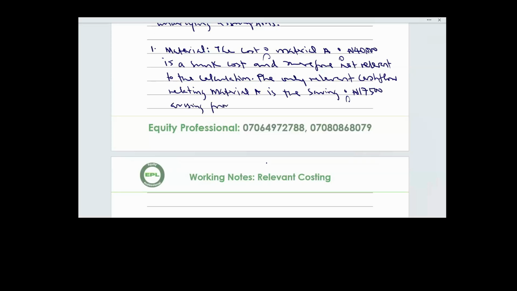So that's that. Then we continue. The only relevant cash flow relating to material A is the saving of 17,500 naira arising from its disposal.